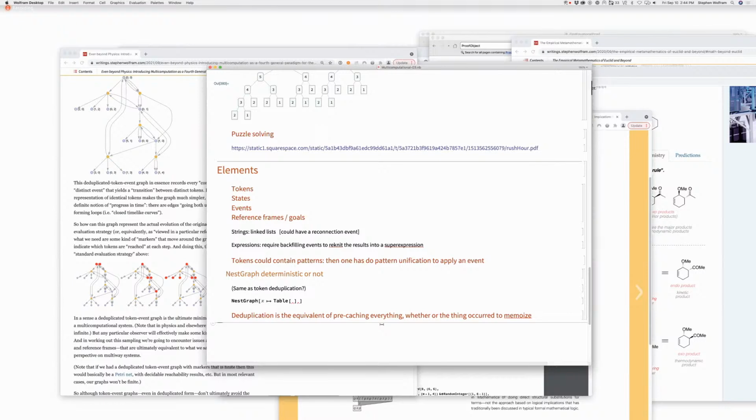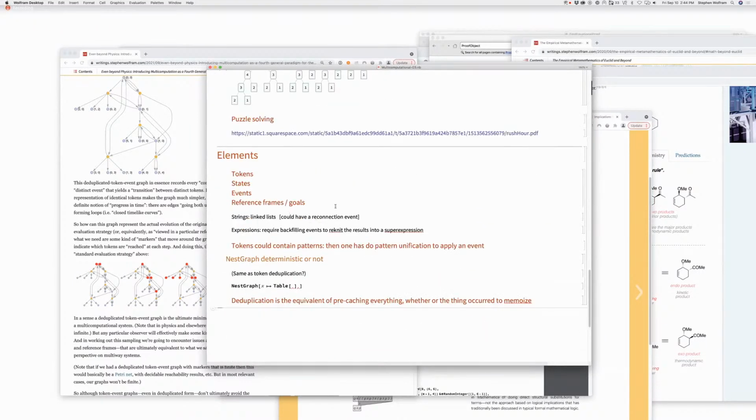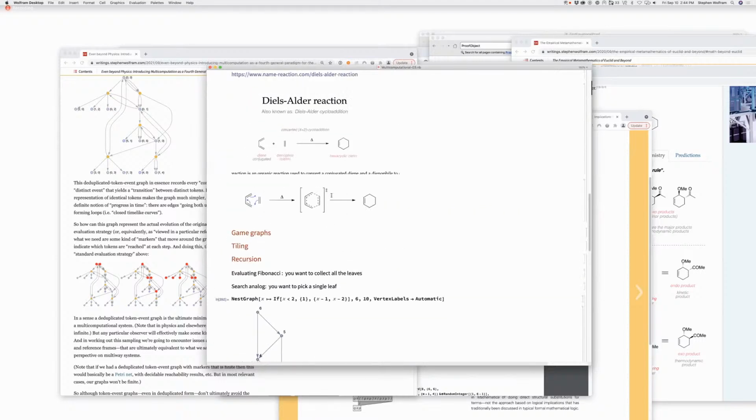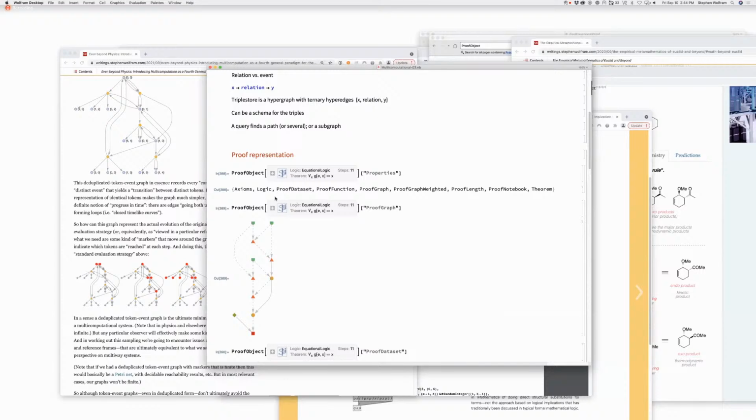So again, pulling back to what we're trying to get to here. What we want is a sufficiently general formalism for all these different things we're talking about, chemical reactions, proofs, et cetera.